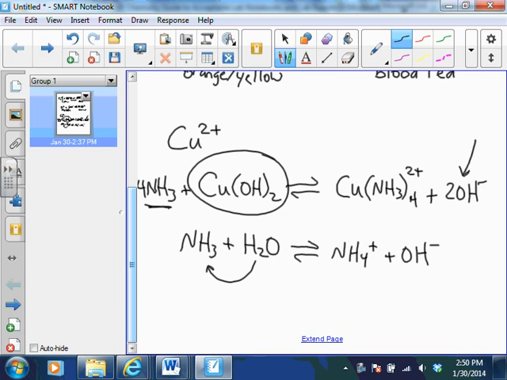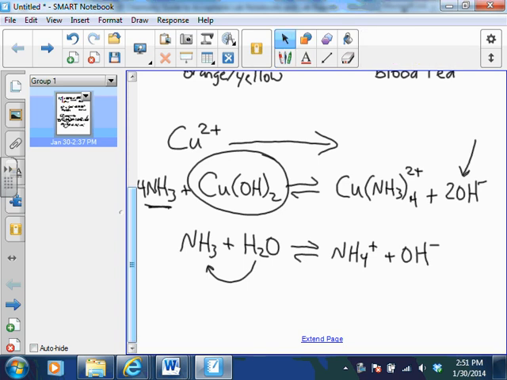When you add enough of the NH3, now it kind of overwhelms the fact that you're making OH minus because you're just adding all this NH3, and now the copper suddenly says, oh, I'd rather form the complex with the NH3 because there's so much of it in here. So then what happens is this reaction becomes predominant, and it starts going towards the products, and then you end up with Cu(NH3)4 2+, which I think gave you a really deep blue, almost purple type color.